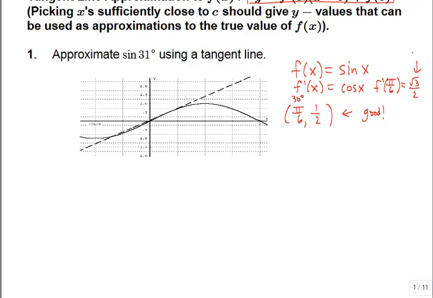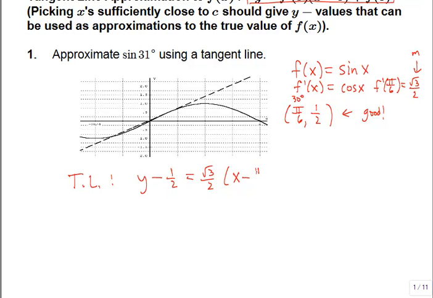This is going to be our m, and this is going to be our point that we use. So our tangent line will be y minus the y value 1/2 equals the slope, which is that square root of 3 over 2 times x minus the x value.